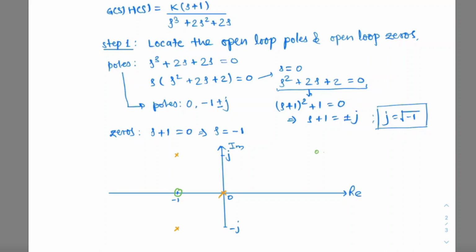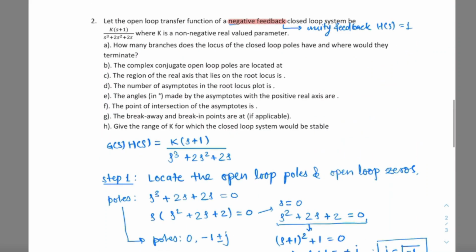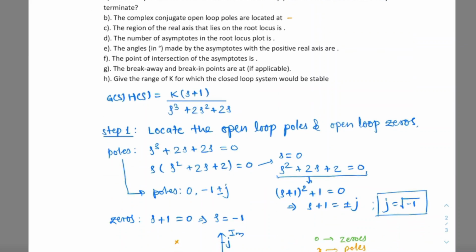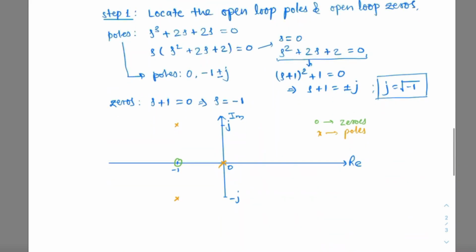So this is zeros, and this would be poles. So the complex conjugate poles are located at minus 1 plus minus j, as we have found out.